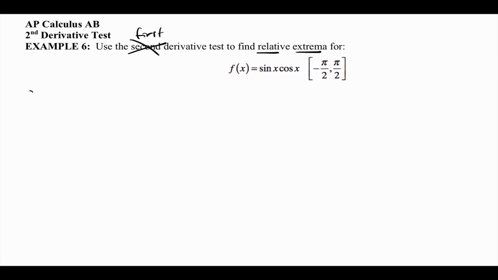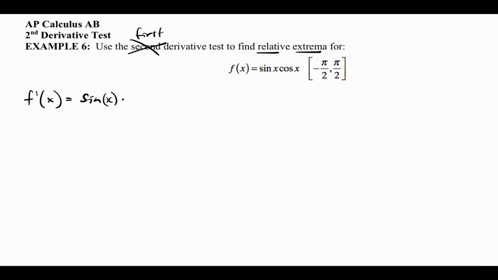First derivative. So how are we going to find the first derivative for f of x? What are we going to use? Product rule. Yep, product rule. So we're going to use the product rule because it's sine of x times cosine of x. Product rule says the first times the derivative of the second.